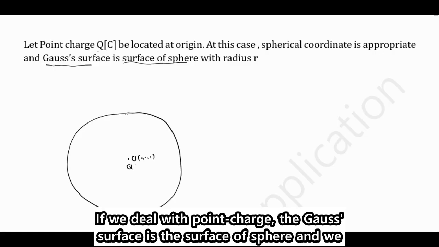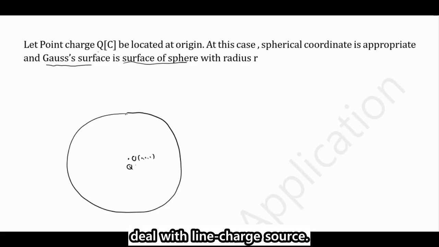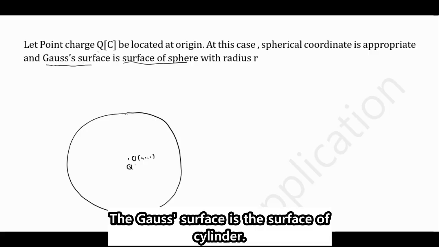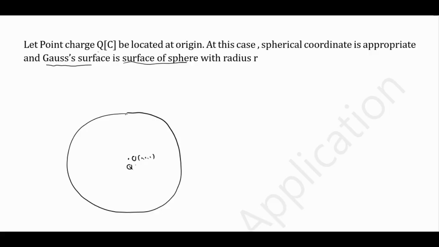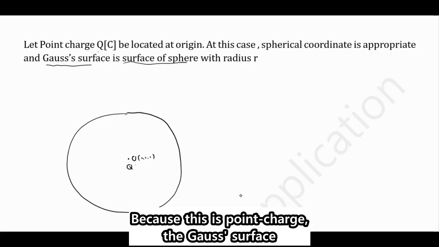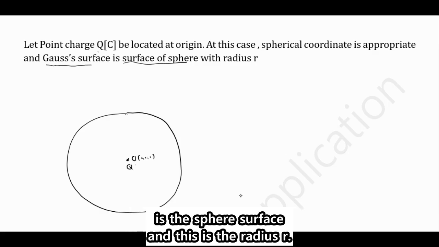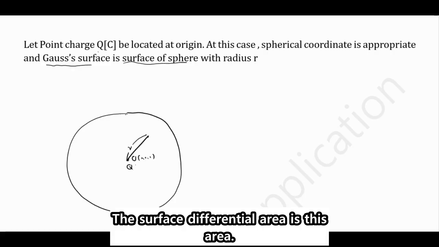If we deal with a point charge, the Gaussian surface is the surface of a sphere, and when we deal with a line charge source, the Gaussian surface is the surface of a cylinder. So because this is a point charge, the Gaussian surface is the sphere surface, the radius is r, and the surface differential area is this area.